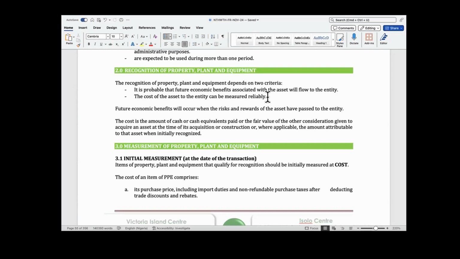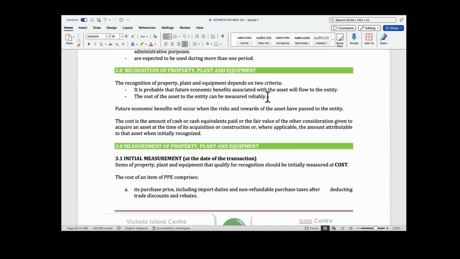And the cost of the asset to the entity can be measured reliably. Cost could be the money you paid for the asset. There are some assets they can give you for free, so you did not even pay any money. You just get the fair value. So it could be the fair value of that asset if you didn't buy it. That is cost.